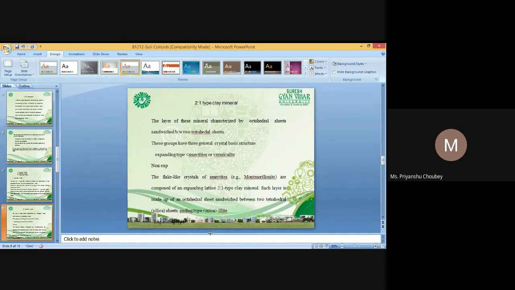Fertility means the ability to supply essential nutrients in sufficient amount and in the right proportion needed for optimum crop growth.